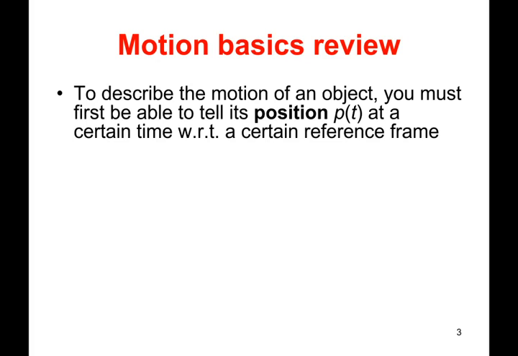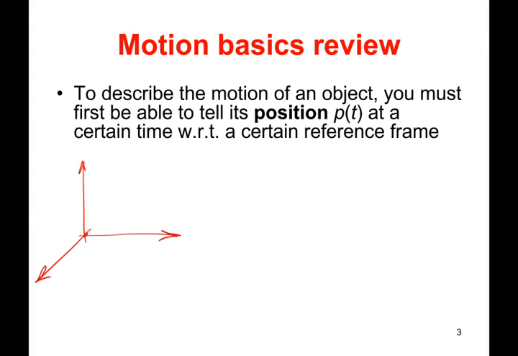To describe the motion of an object, we must first be able to tell its position, which is a function of time, at a certain time, with respect to a certain frame of reference. So what we are talking about here is that you first have to have a frame of reference.